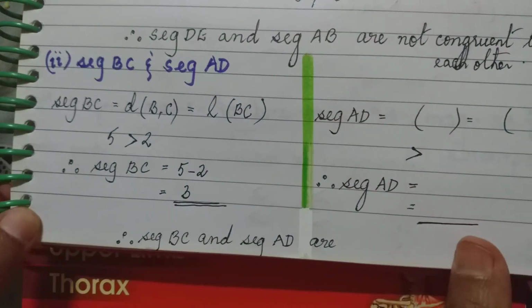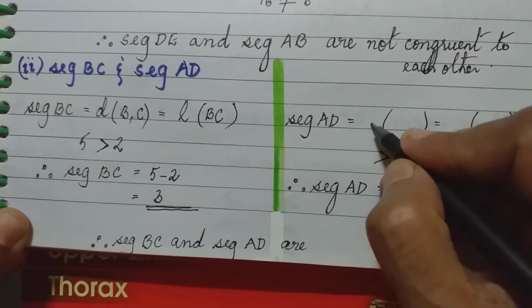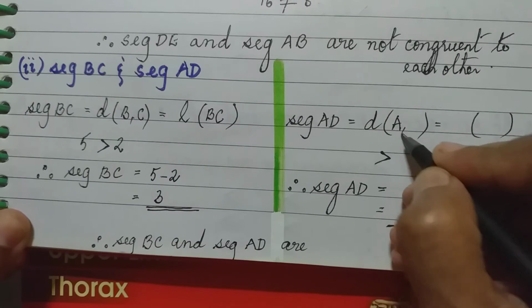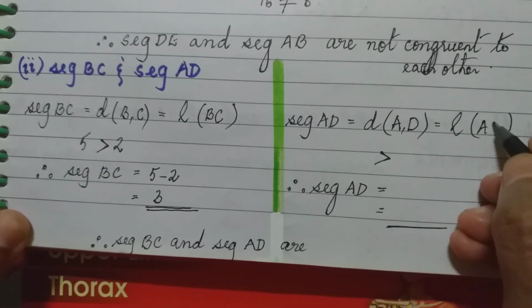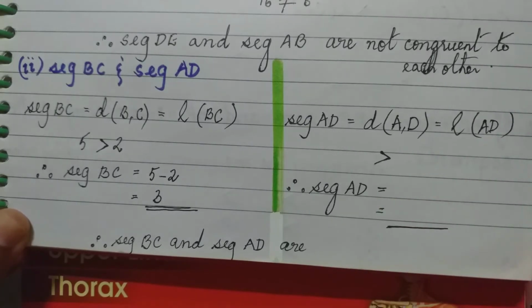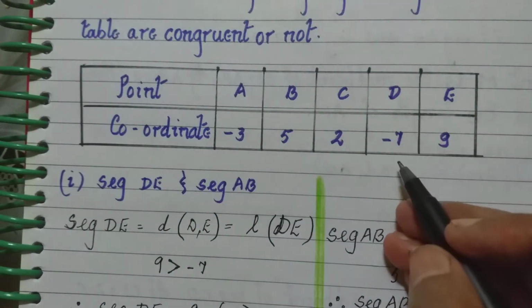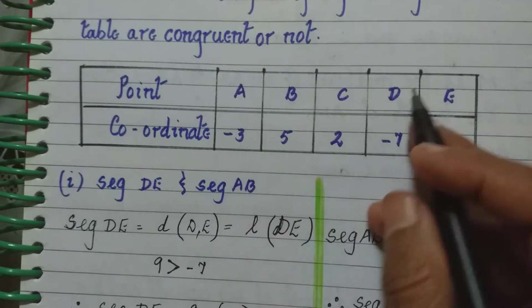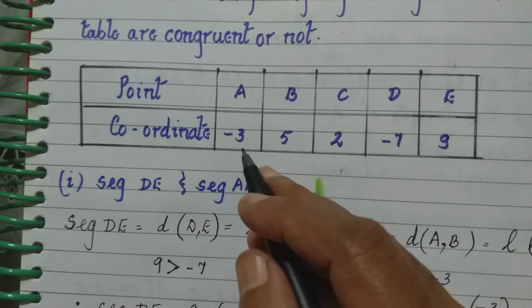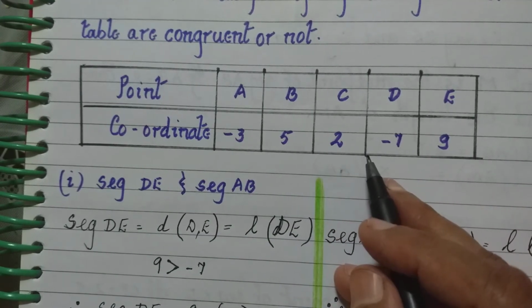Now I have to find segment AD. Segment AD is the same as the distance between the points A and D, which is the same as finding the length of AD. Now I have to see what are the coordinates of A and D. So I look at the table. The coordinate of A is -3, D is -7. Both are negative. So if both are negative, the smaller number with the negative sign is greater than the bigger number with the negative sign.